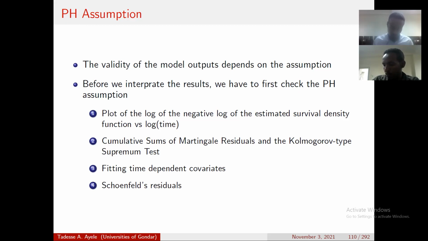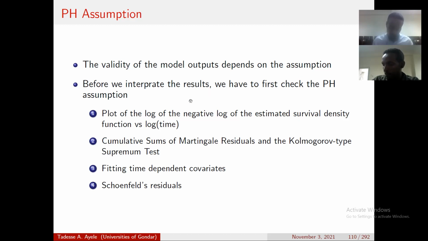For T by failure indicator, we didn't specify any distribution, so it's distribution free. Whereas on the right-hand side, f of covariates, we assumed a certain distribution, and we call this model semi-parametric.